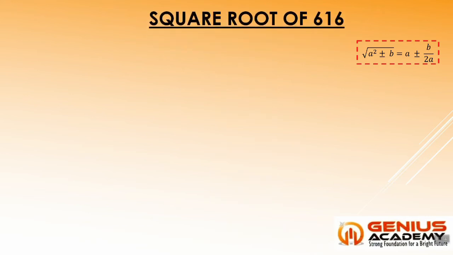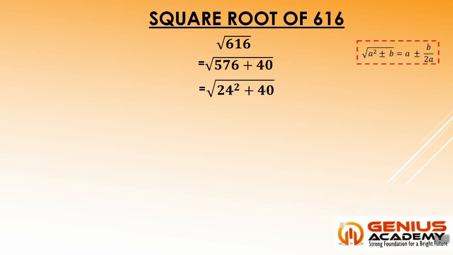Let us take one more example. So the square root of 616. The nearest square to this is 576. 576 is 24 square. So 24 square plus 40, we will apply the formula. Therefore 24 plus 40 upon 2 into 24.